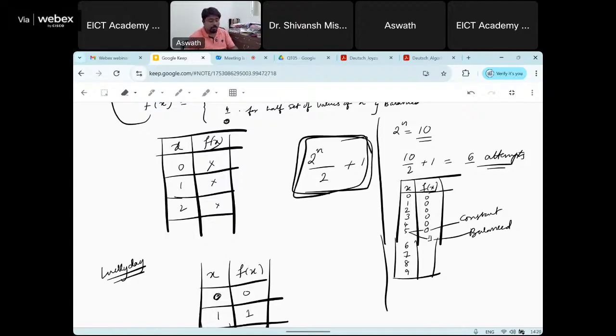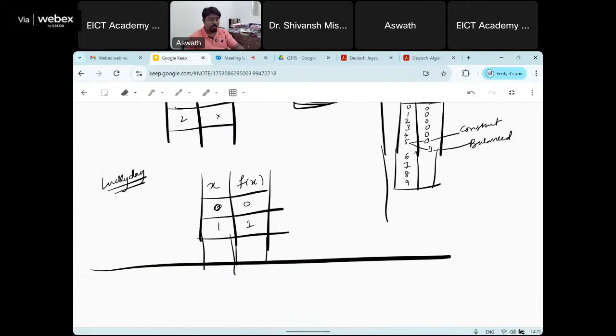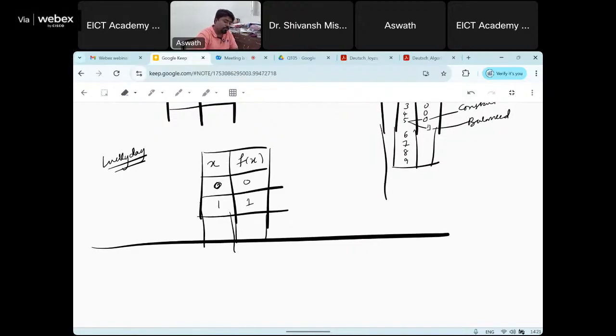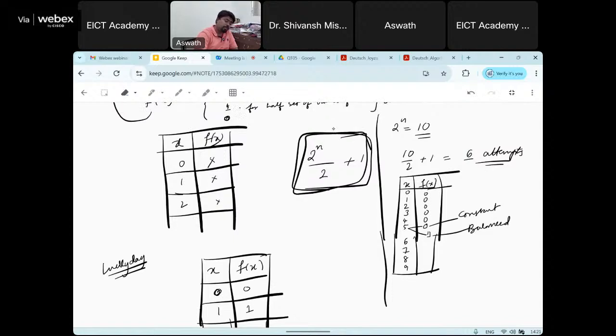If you use some classical computing logic, you can reduce the number of attempts to a smaller number.